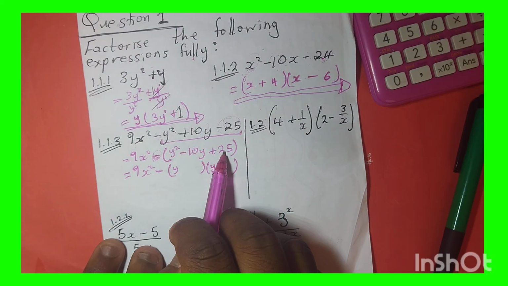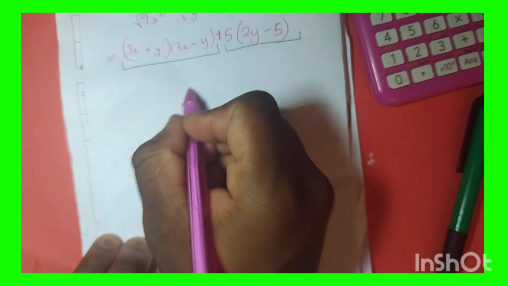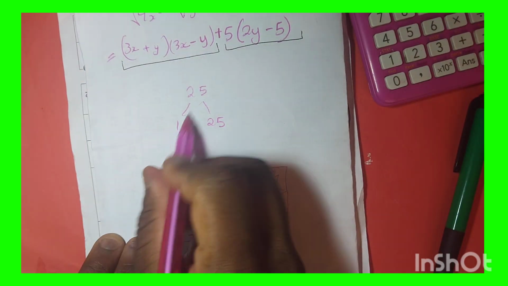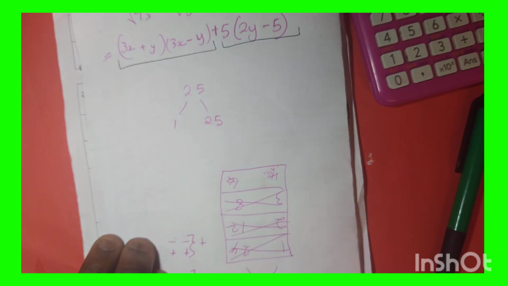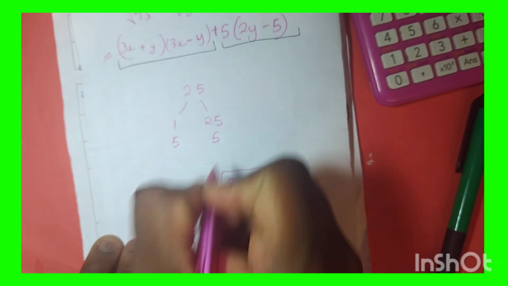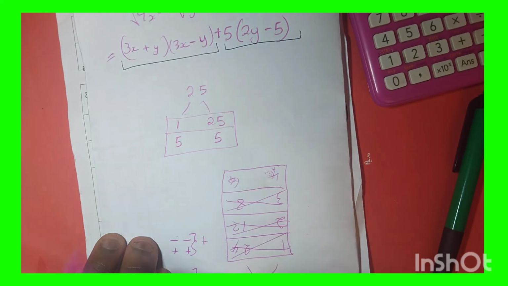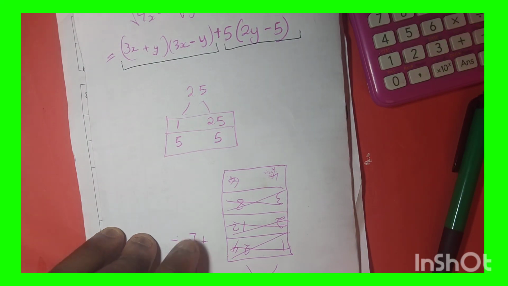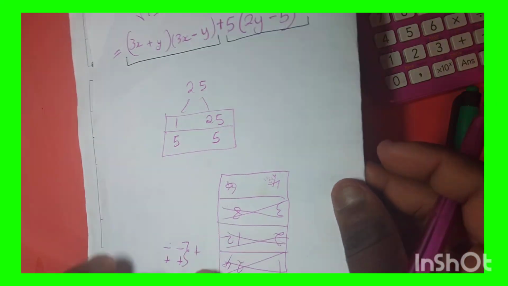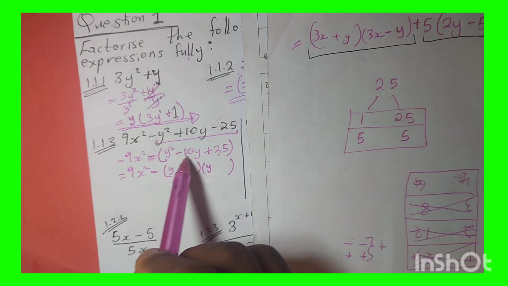Now I can find the factors of 25. The only factors of 25, guys, are 1 and 25, and 5. 2 you can't divide by, 3 you can't, 4 you can't, but 5 you can. These are the only factors of 25. You can even use your calculator to get those factors. Then between these factors, which ones when you add or subtract give you the middle term, which is 10?